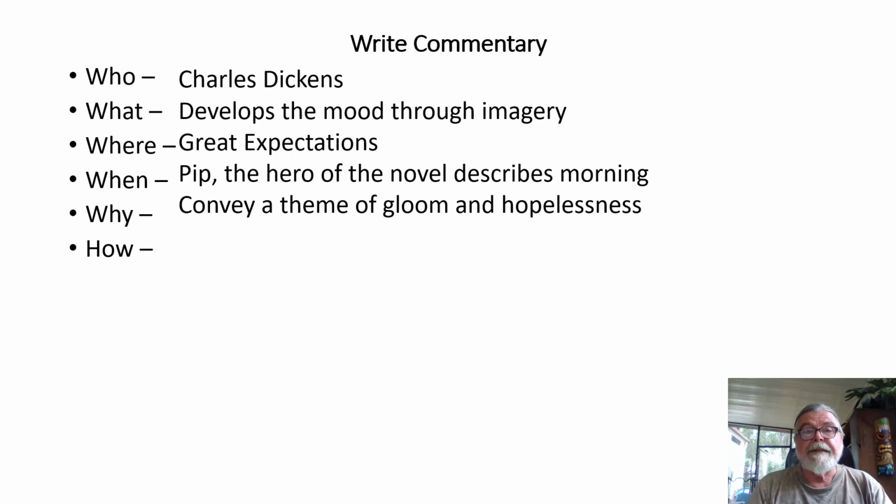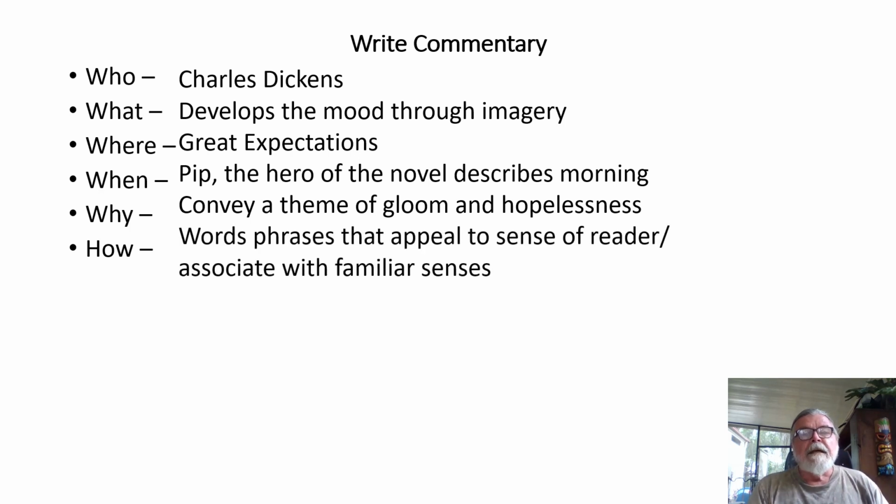To convey a theme of gloom and hopelessness. That's what I figured he's doing, gloom and hopelessness with this. How is he doing it? The words and phrases that appeal to the senses of the reader so that it can associate the familiar with the unfamiliar.